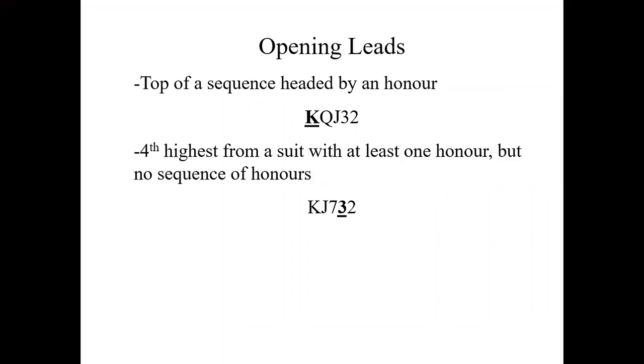If you decide to lead from a long suit like this, but you have one or more honors, but no sequence, so something like King, Jack, then it's normal to lead the fourth highest from a suit with at least one honor, but with no sequence of honors and with no near sequence. Okay, any questions on that so far?